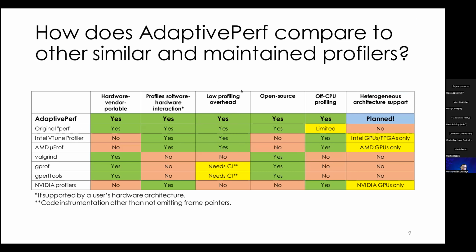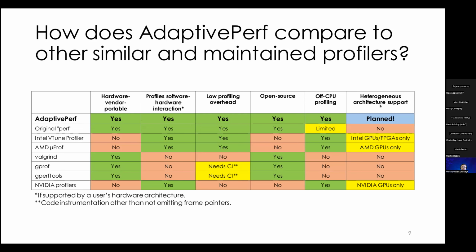And obviously, AdaptivePerf is not the first profiler on the market. So I created this small comparison table between AdaptivePerf and other similar and maintained profilers for Linux. In this case, I compared these features: hardware vendor portability, software-hardware interaction profiling, low profiling overhead, being open source, off-CPU profiling availability, and heterogeneous architecture support.